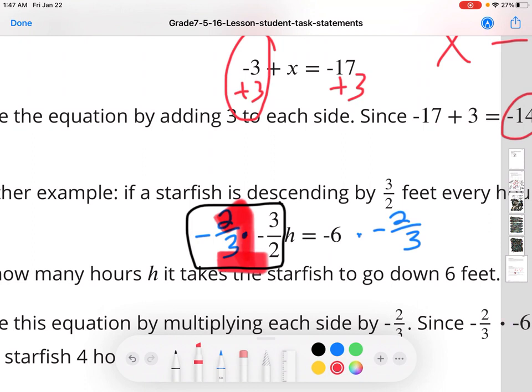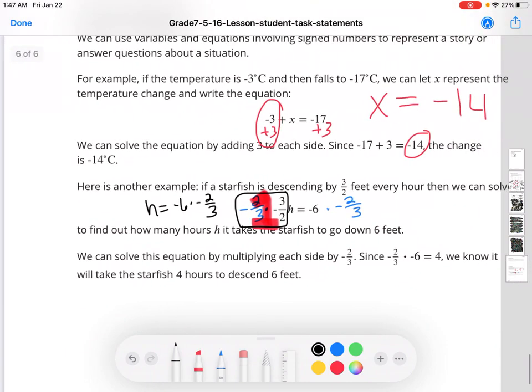And 1 times h is h. And then -6 times -2/3. -6 times 2/3 would be +12/3. And 12/3 simplifies to +4.